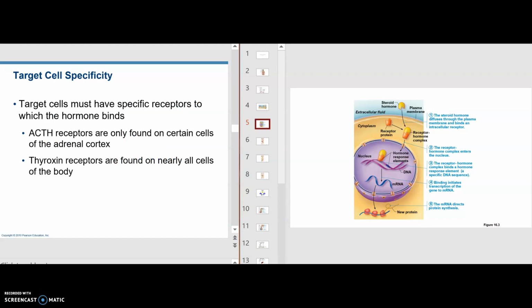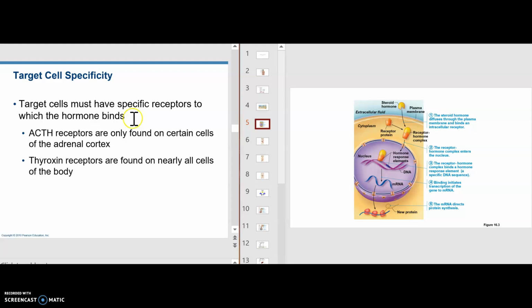Okay. Now, target cells must have specific receptors to which the hormone binds. So the target cell would have specific receptors for that particular hormone. Sometimes the receptors can have analogs, which means another substance can bind to the receptor, but there is specificity. The two things I'm going to say on hormone receptors are specificity and affinity. Affinity means binding power.